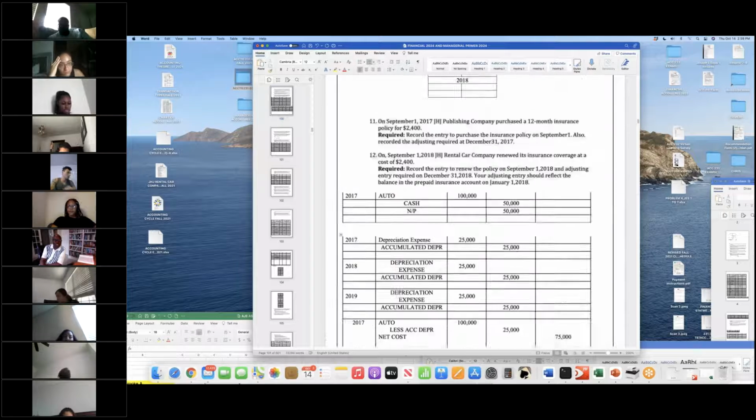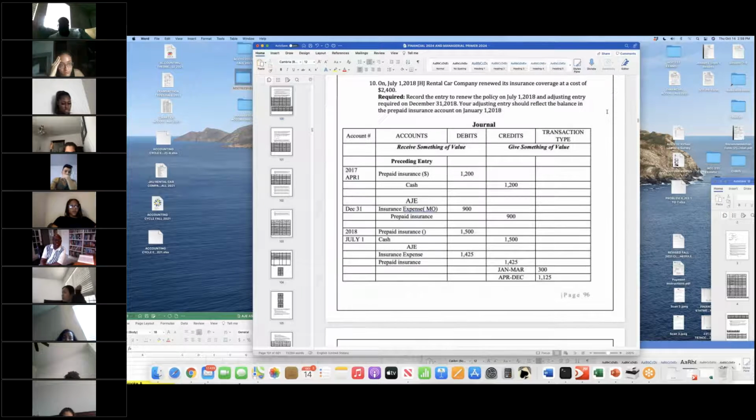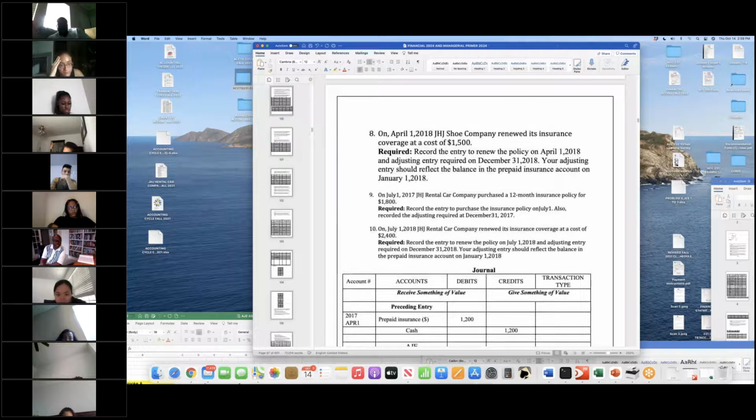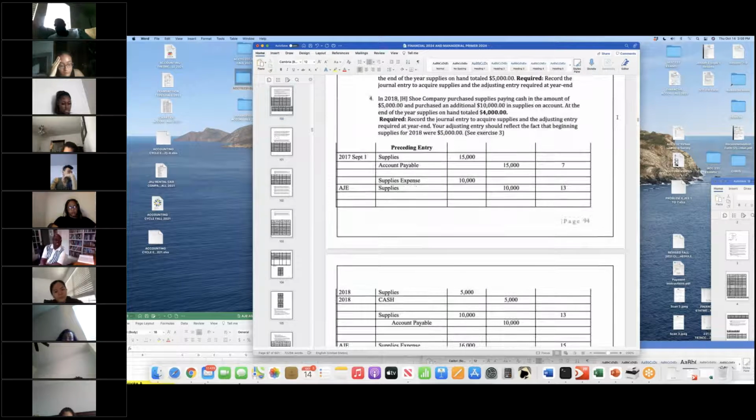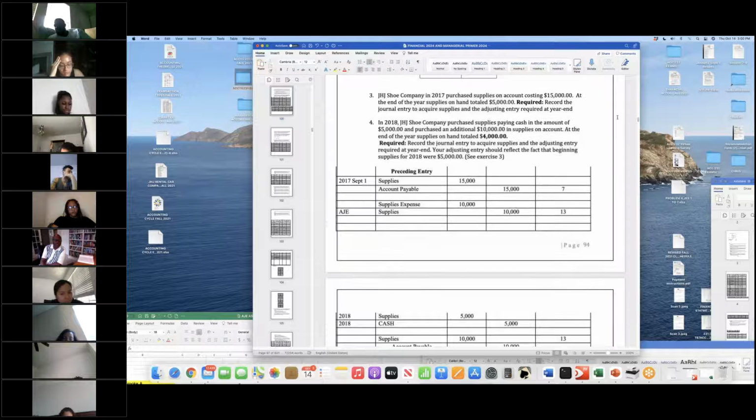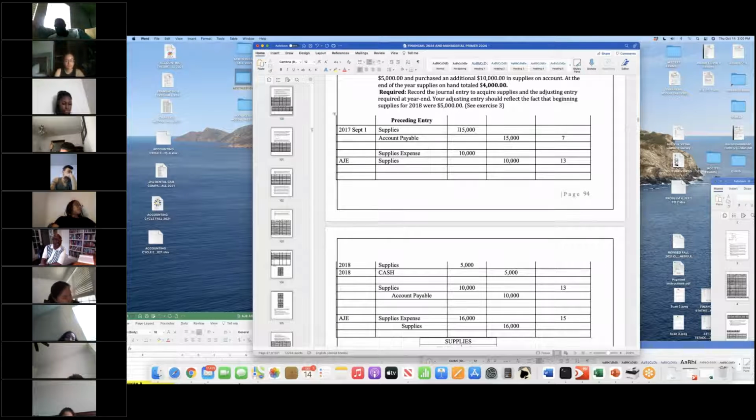Let's see if we can go up here to some supplies. We've got to get all the way down to accrued salary expense and everything.